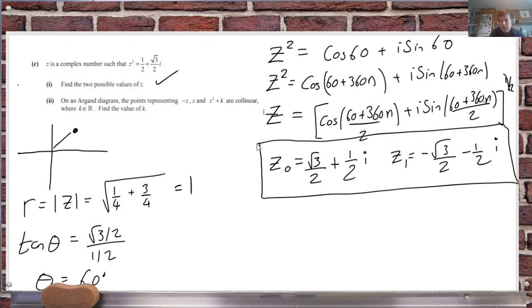Now, I really have a strong intuition that the k is 0. Because if you look at what I drew a moment ago, it seems like the z and minus z can be swapped around arbitrarily. It doesn't affect anything because you could call this one z and this minus z or vice versa.